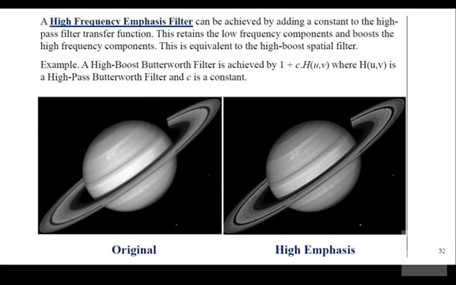We're going to apply a Butterworth filter and then try different values and boost, see the effect on the boosting of the higher frequency. So this is an image of Saturn, and you can see that when we do the high emphasis, we can see more detail in the gas clouds and the rings as well.